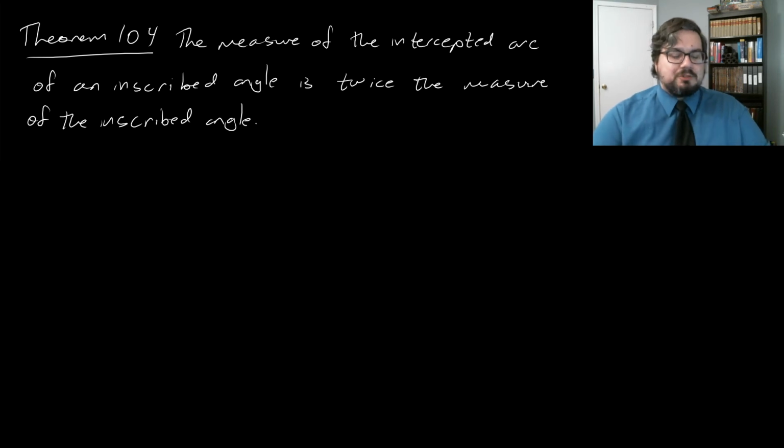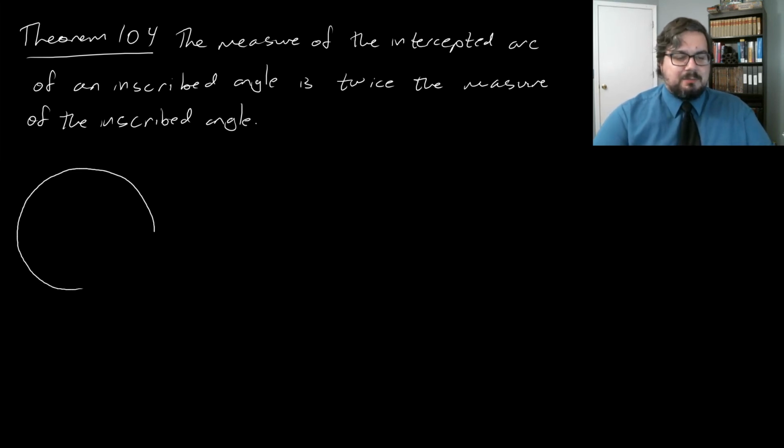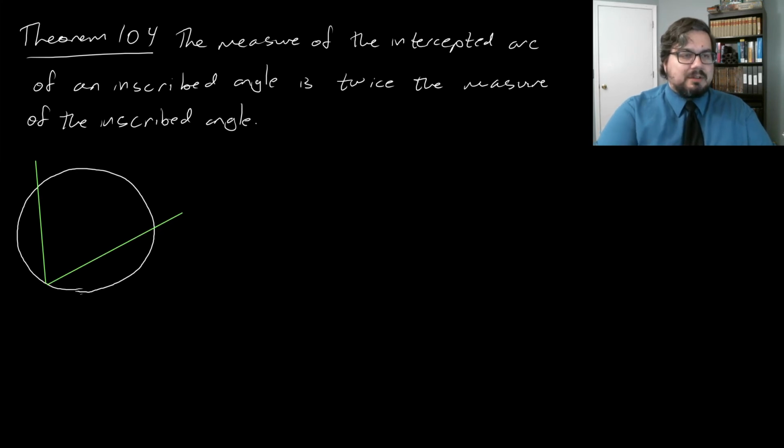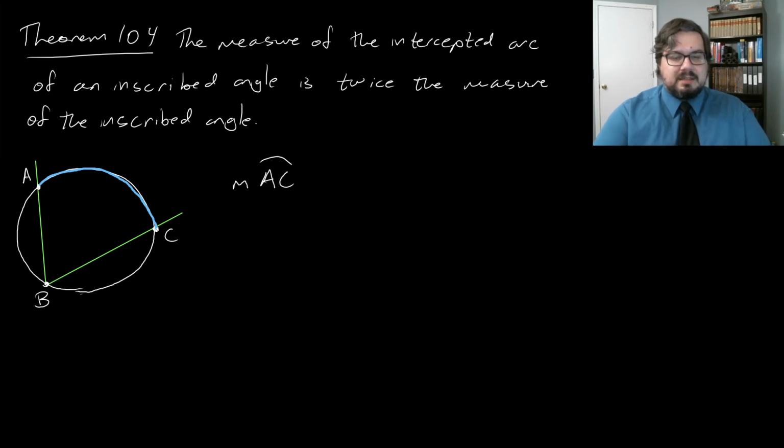So we have ways of measuring arcs and we have ways of measuring angles. And what this is saying is that if you compare the measures that you get when you take an inscribed angle, say ABC, and then you look at the measure of the intercepted arc, then the measure of the arc AC is equal to 2 times the measure of the angle ABC.